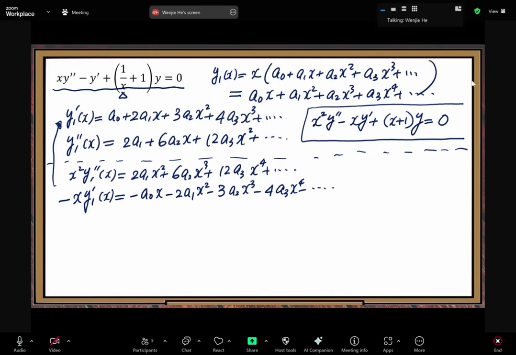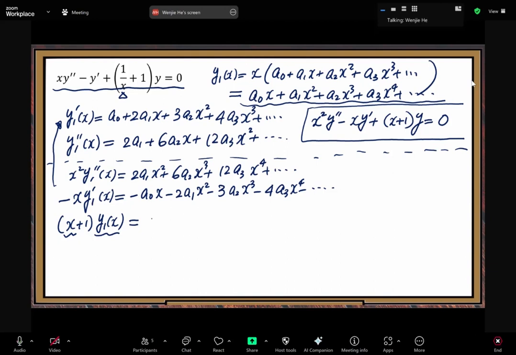All right. Then the third one, x plus 1 times y1. First, let's do x times y1. We write these two terms separately, in two lines, in order to make the calculation easier.